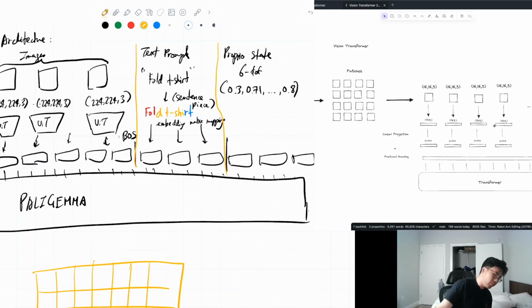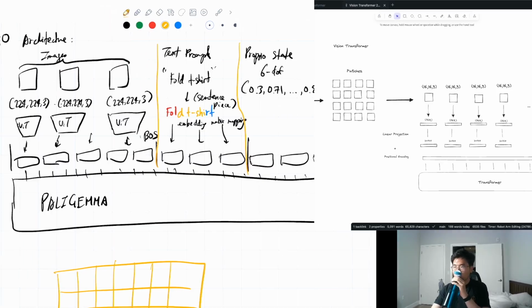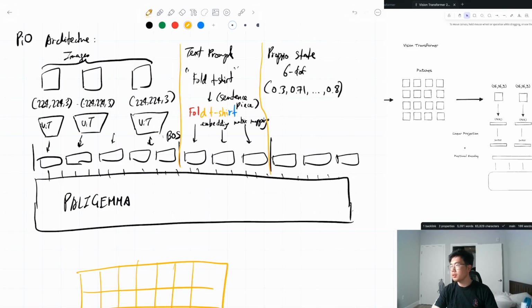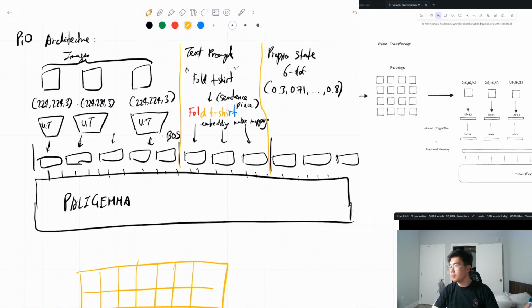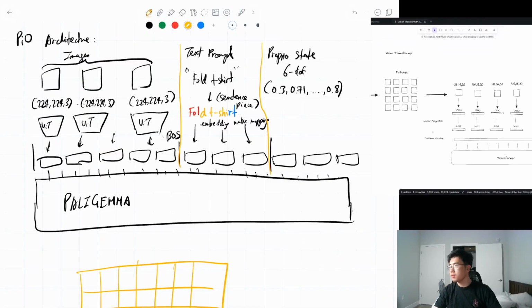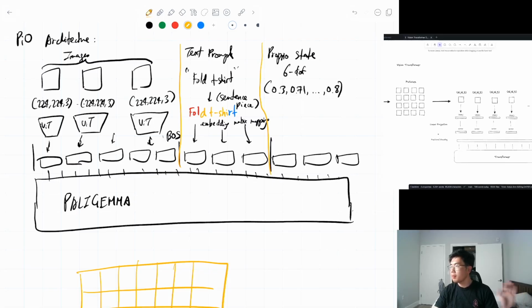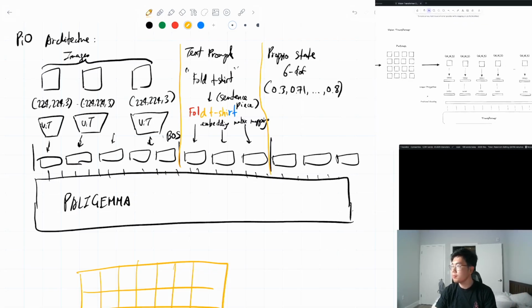Wait, where's my water? Move this. Make this even smaller. Yeah, make this really, really small.